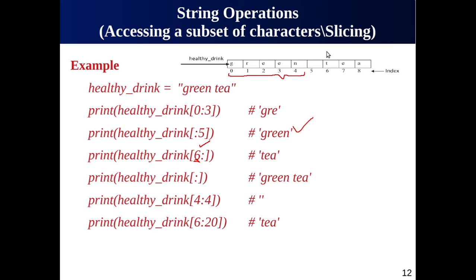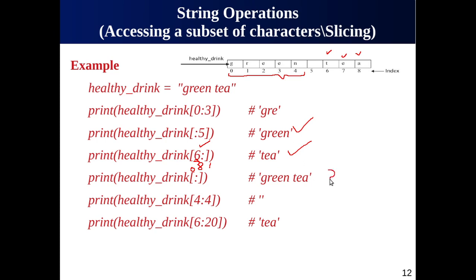So it will start at 6, display T, then E, and then A. As we do not have any other character left, the operation is completed. Here, nothing is mentioned. The starting value will be considered as 0, the final value will be considered as 8, and the step will be considered as 1. So it will display the whole string.